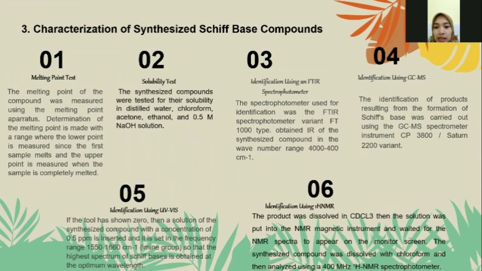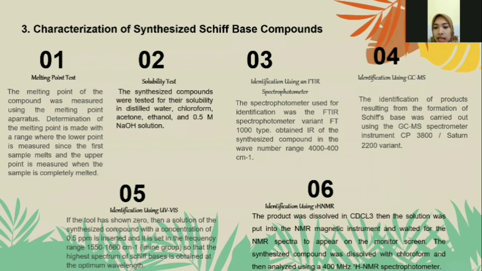3. Characterization of synthesized Schiff base compound. 1. Melting point test. The melting point of the compound was measured using the melting point apparatus. 2. Solubility test. The synthesized compounds were tested for their solubility in distilled water, chloroform, acetone, ethanol, and 0.5 molar sodium hydroxide solution. 3.